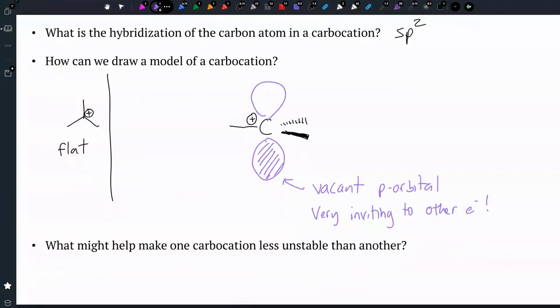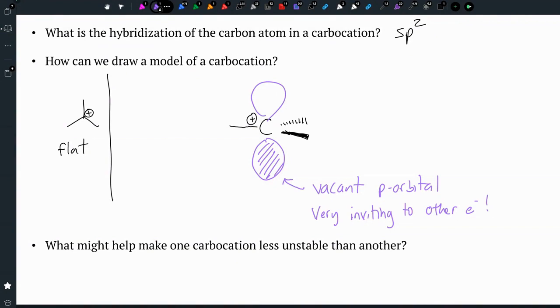So they want to get shared there. So if we think about it, all carbocations are unstable, but some are going to be less unstable. It's a little awkward. It feels like a double negative because throughout this discussion, I'm going to use the term less unstable rather than more stable, just to emphasize the fact that carbocations are all unstable, but some are more unstable or less unstable than others.